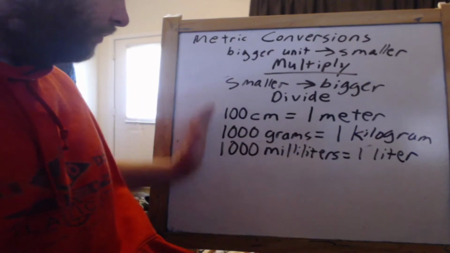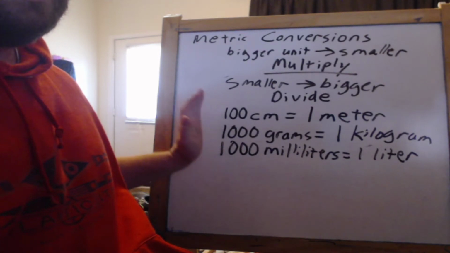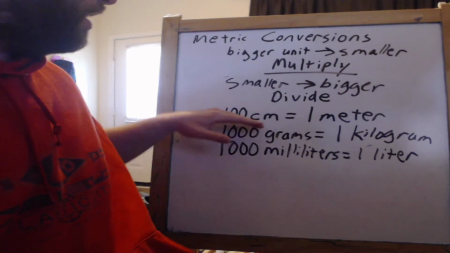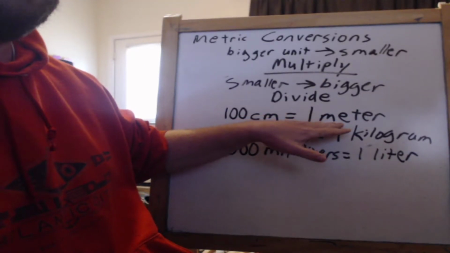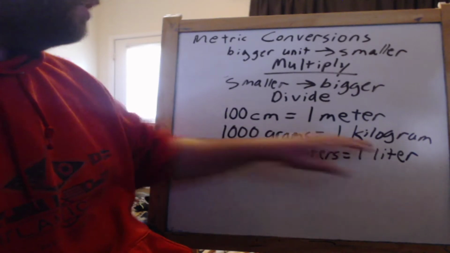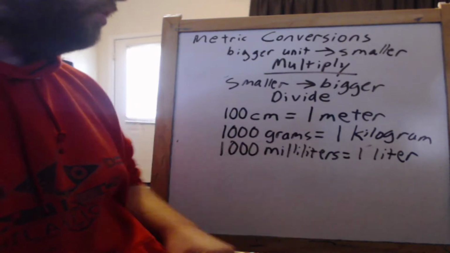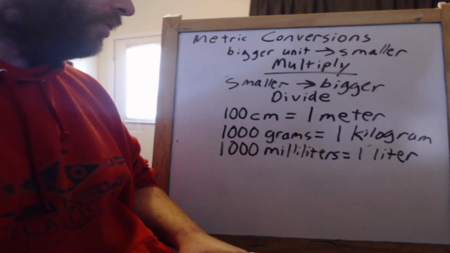Another thing that you have to memorize in fourth grade is that 100 centimeters equals 1 meter, 1,000 grams equals a kilogram, and 1,000 milliliters equals 1 liter. Okay?